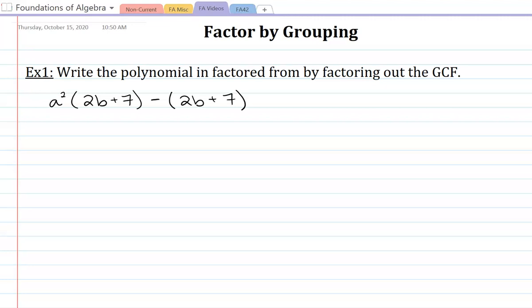If you notice, we have this same binomial in both places. This is called a common binomial. In essence, it is the GCF of each of the two spots.